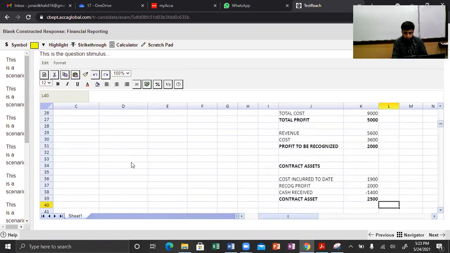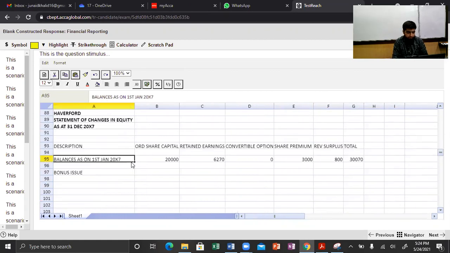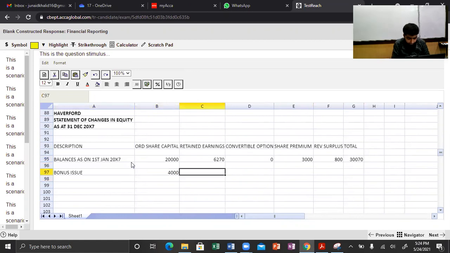We increased the share capital by 4000, and reduced retained earnings by 1000, that is minus 1000, and share premium by 3000. This has nullified the balance of the share premium account, and there was no adjustment in revaluation surplus or the convertible option. So let's apply the formula.